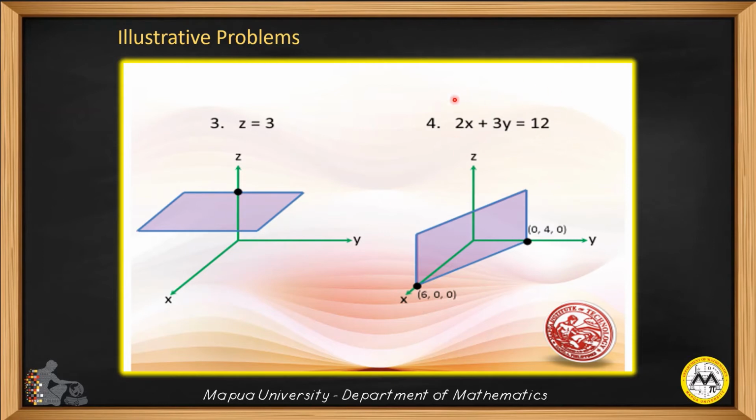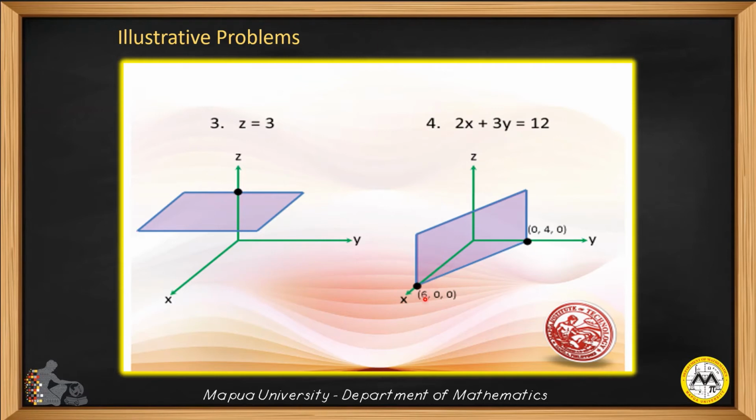So how do we sketch this surface? What we do is we first sketch this in the xy plane, and in the xy plane this will just give us a line with intercepts of (6, 0, 0) and (0, 4, 0). So when y is 0, x is 6, when x is 0, y is 4.